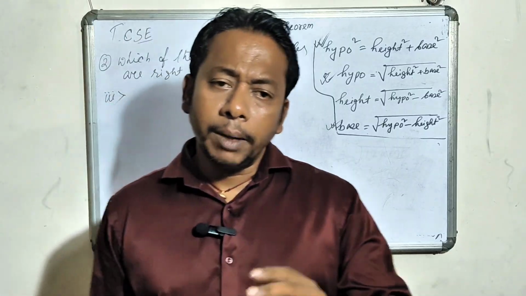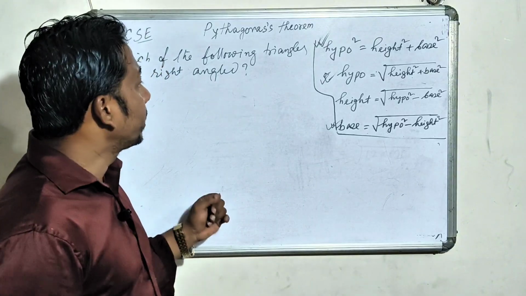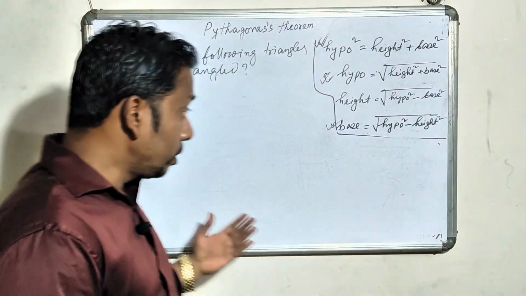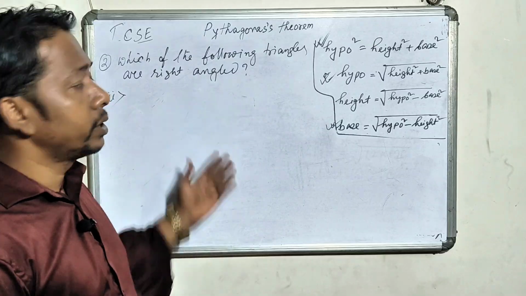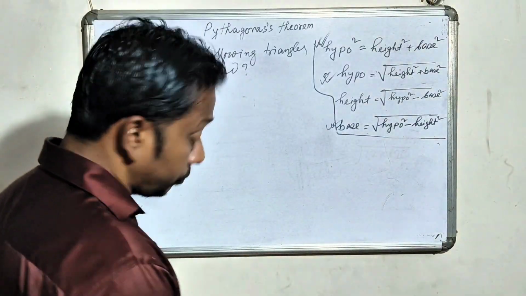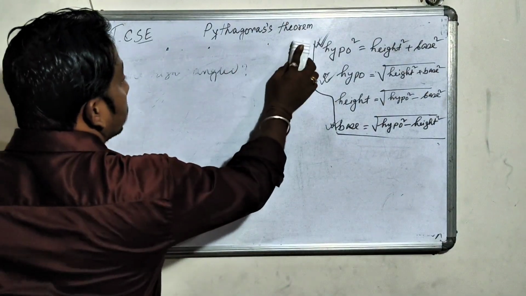If the left hand side equals the right hand side, then the given triangle must be a right angle triangle. And if the left hand side does not equal the right hand side, then the given triangle is not a right angle triangle. Now go to question number 3, very important question.